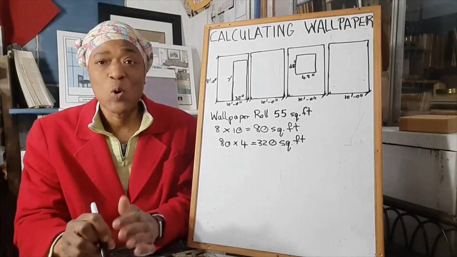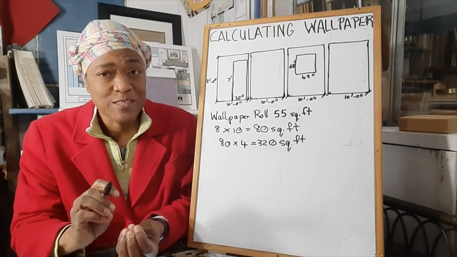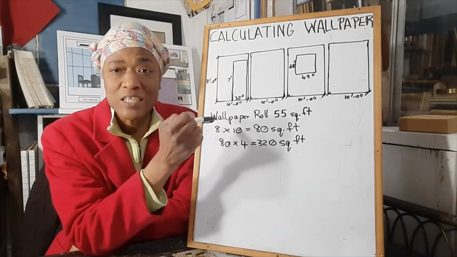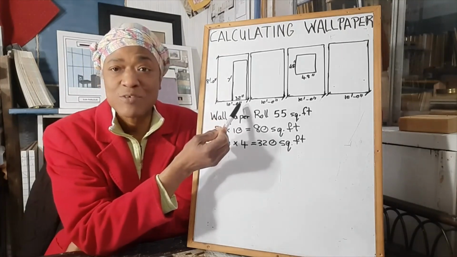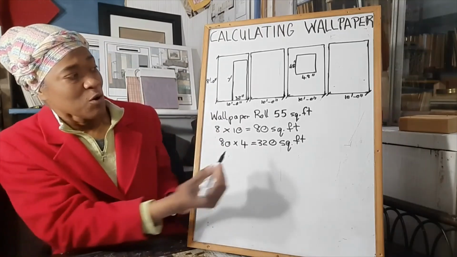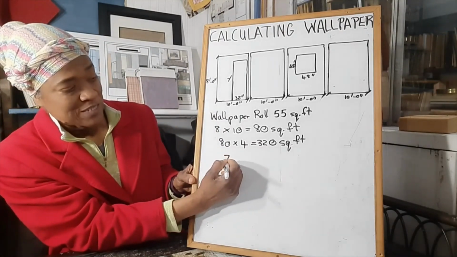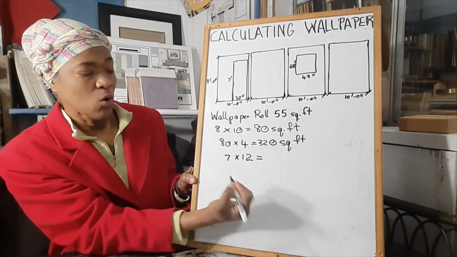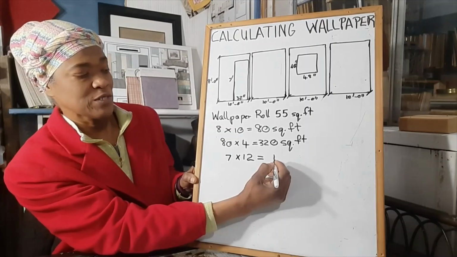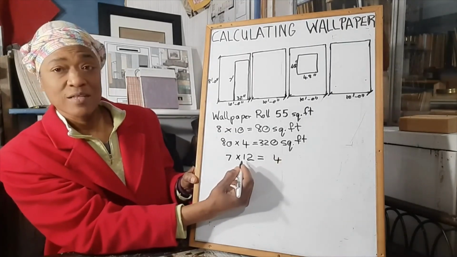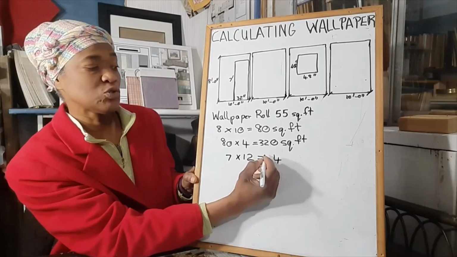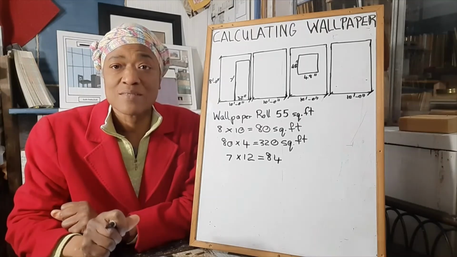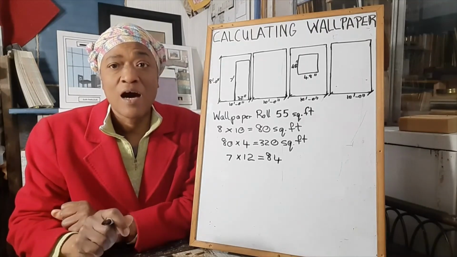What we'll have to do in order to multiply the square footage is convert the feet to inches and then multiply by 32 inches. Therefore, we will have 7 multiplied by 12 equals 84. And we multiply by 12 because there are 12 inches in a foot.